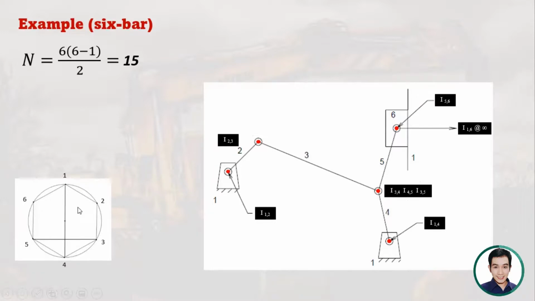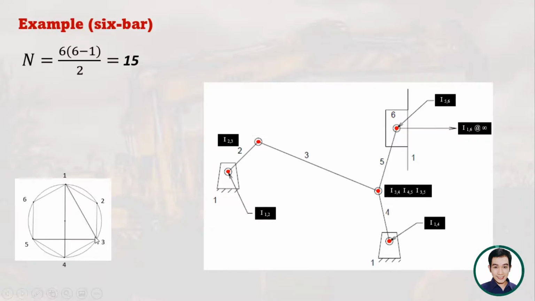First, we need to analyze the IC circle so that when we connect 2 points, we can form a triangle. That's always the rule in the IC circle. So when we connect 1 and 3, you can see that we create a triangle here, 1, 2, 3, and then another triangle here, 1, 4, 3.